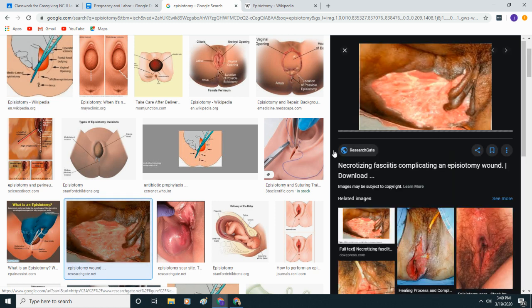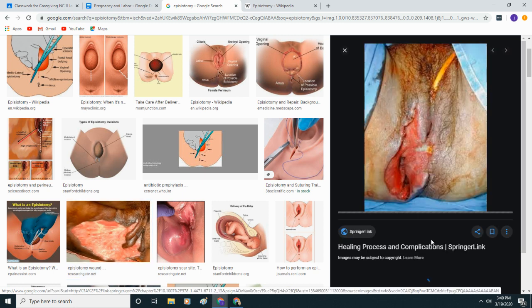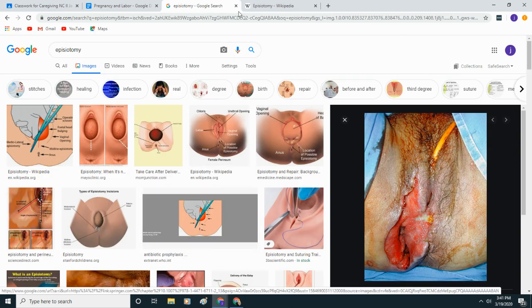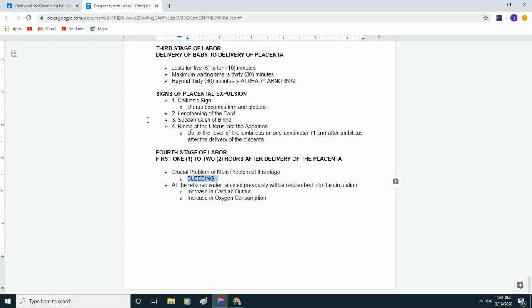This is the episiotomy. This one. Okay? So it's because of over stress. Okay? So we need to check for the bleeding. Okay? And bleeding, for bleeding, this is where lochia will come.